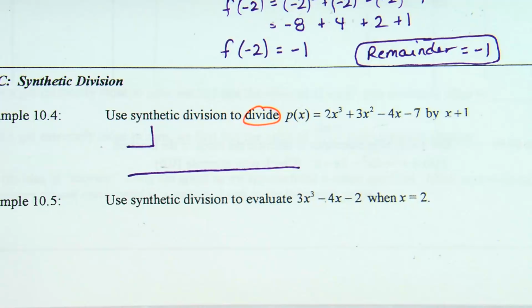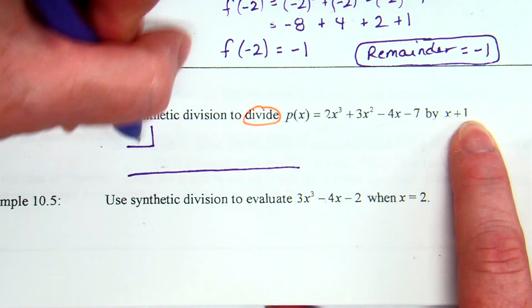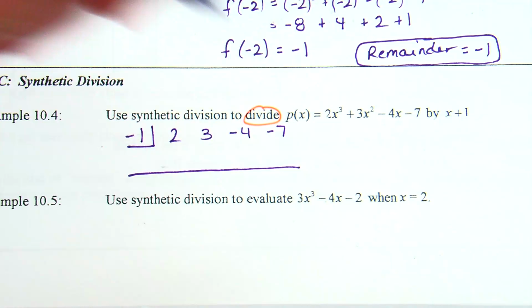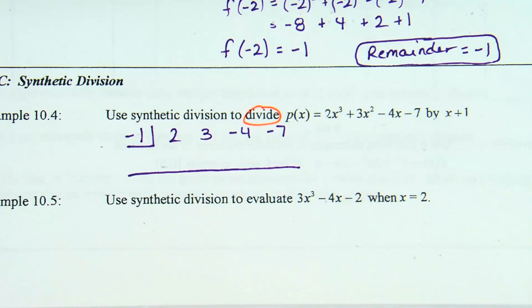Well, since it's x plus 1, use the zero of that, negative 1. What numbers go in that top row? 2, 3, negative 4, negative 7. Make sure we have all the powers covered. If there's a missing power, put a 0.